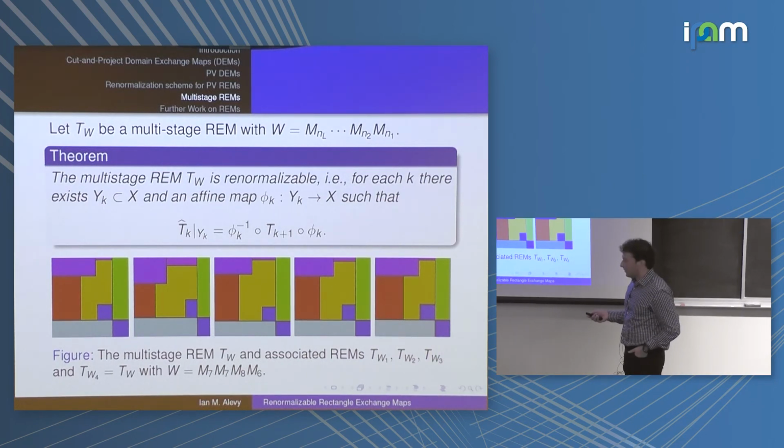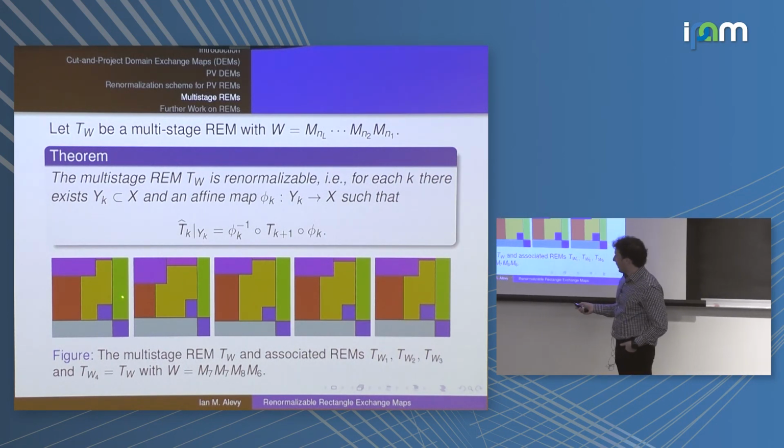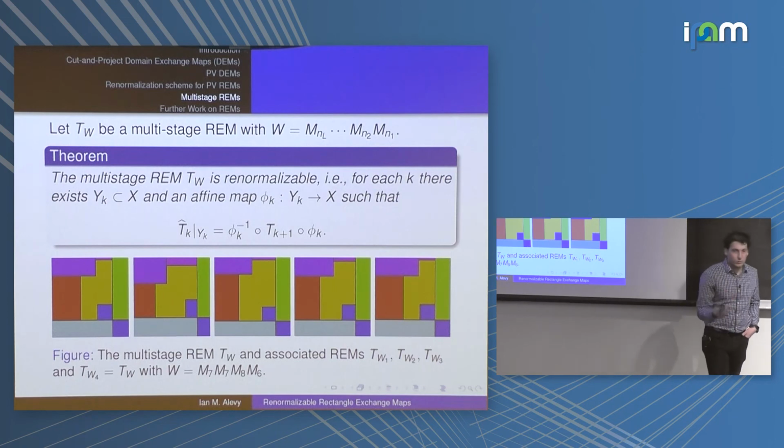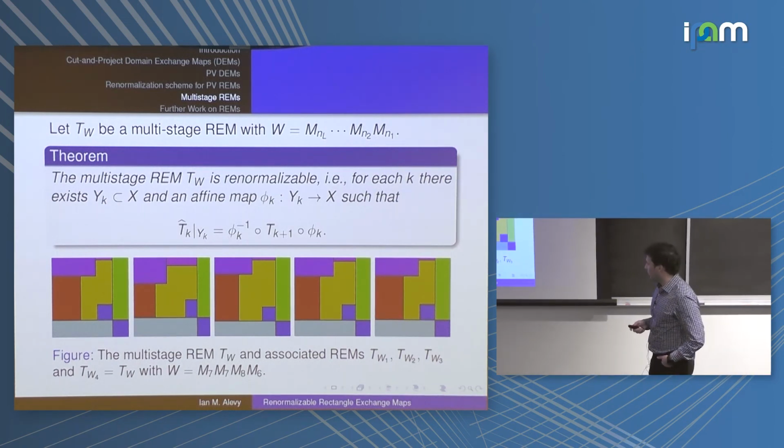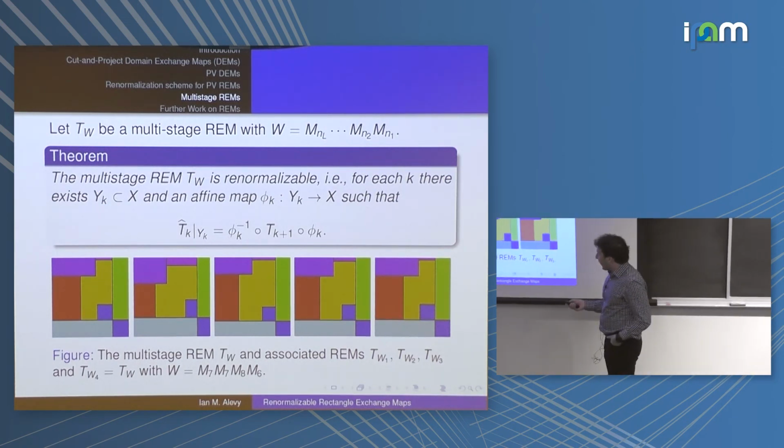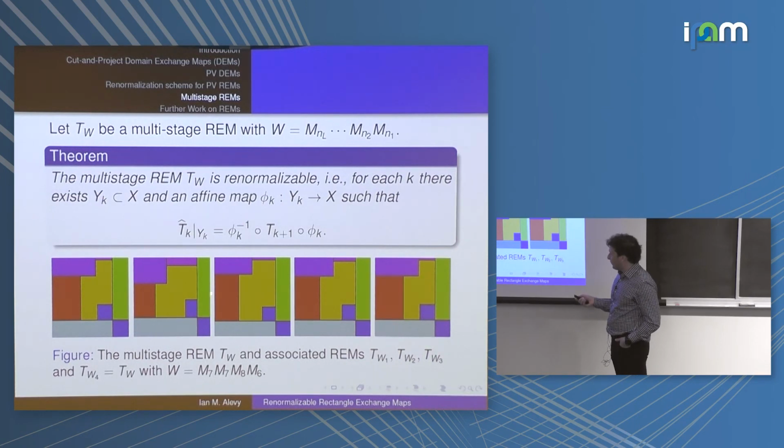And if you check, what turns out is that you get a scaled copy of this next rectangle exchange map. So what I've done is I've taken my first return map here and blown it up, and so I get this picture, which is a new rectangle exchange map with the same combinatorics. And now I look at the first return map again to this green rectangle, and I blow that up, and I'll get this dynamical system here. And I repeat.